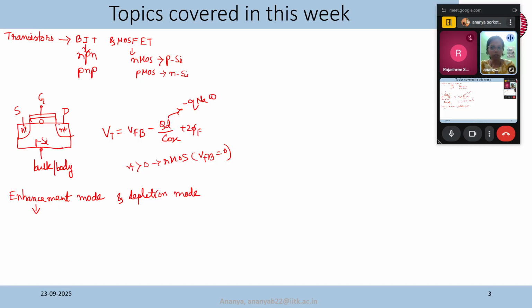So what happens in enhancement mode? The channel is not formed when gate bias is 0. As soon as we apply a voltage which is more than the threshold voltage, then the channel will be formed, and based on the biasing condition between source and drain, we will get a current. So we use the gate terminal to control the channel and hence the current conduction.